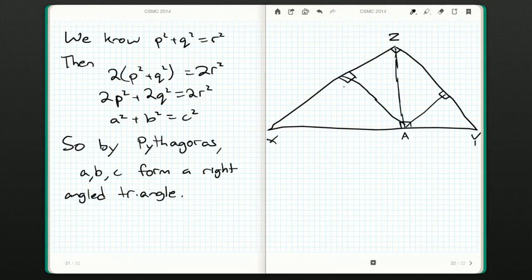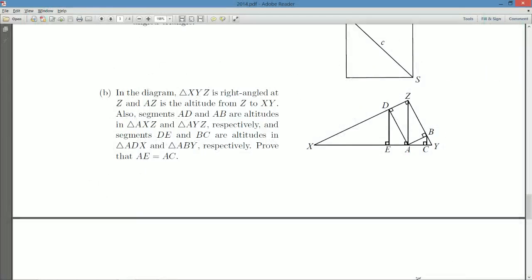Right angles here. And obviously it's not going to look like it in my diagram, but we want these 2 lengths. This is A, this is C, and be DF here. So we want AE equals AC. Okay. How are we going to do that? Do I have the diagram copied correctly? Let's just check that. Yep, absolutely.